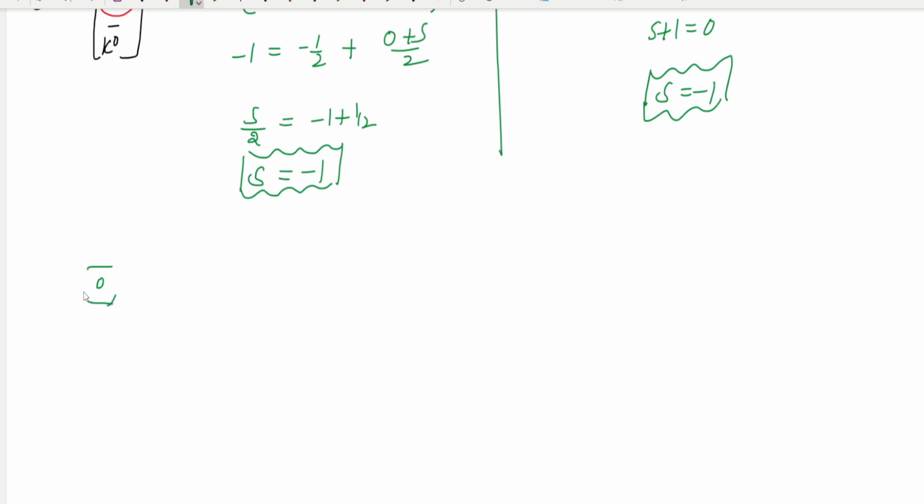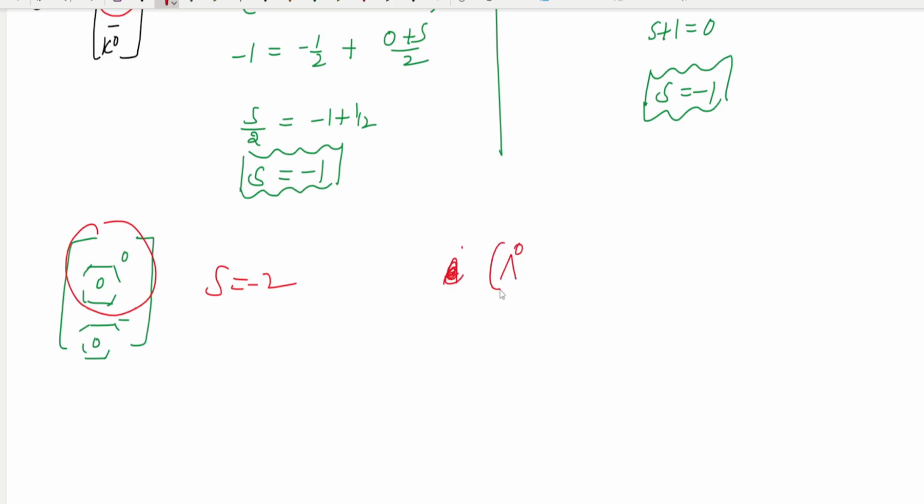This component has S equal to minus 2, and this component has strangeness number S equal to 1, and this omega minus strangeness component S equal to minus 3.